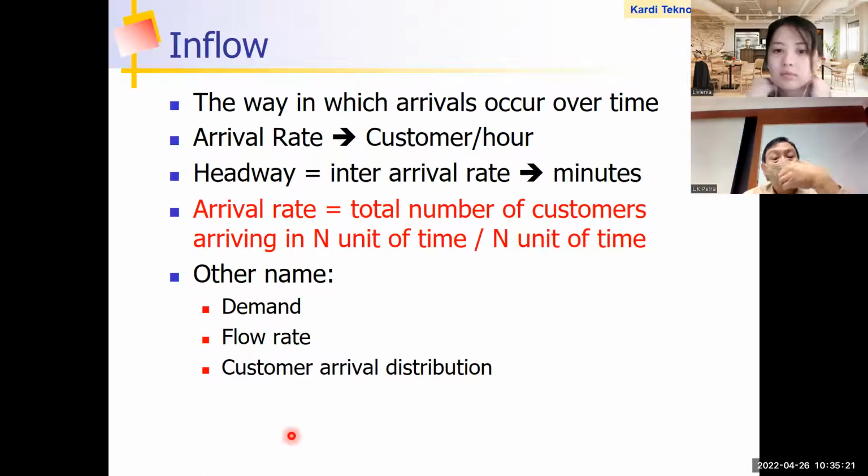Next, the customer is the inflow, coming to the system. So the way in which the arrival of the customer occurs over time.